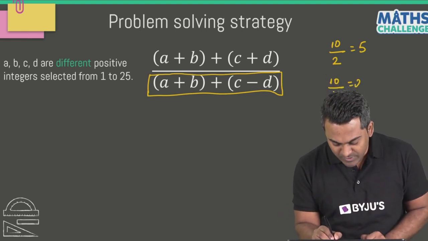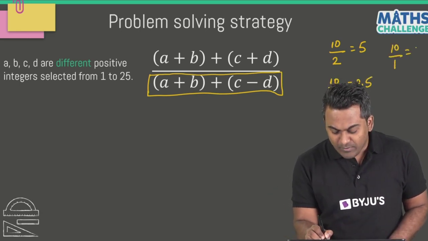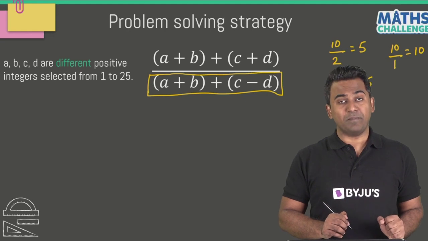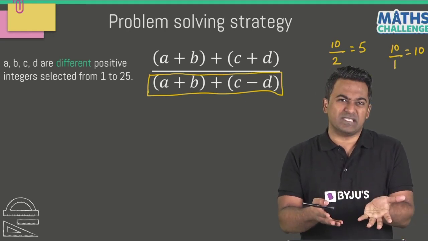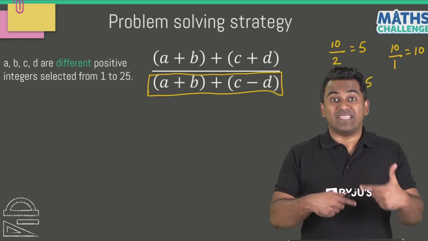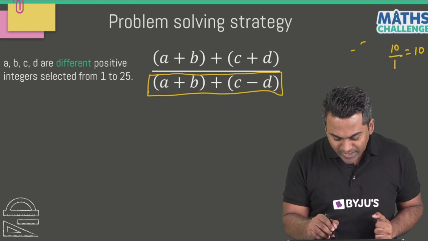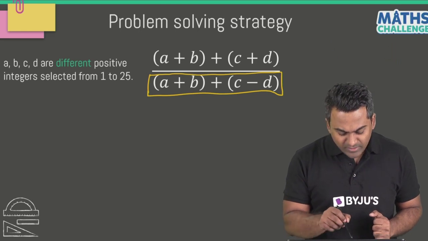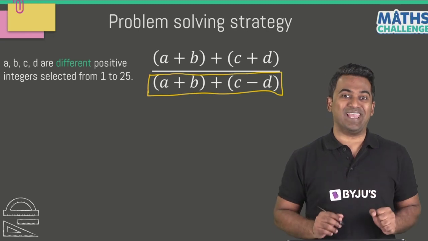This will be 2.5. 10 divided by 1 is going to be how much? It is going to be 10. So the smaller the denominator, assuming the numerator is the same, the bigger the answer is going to be. So that's the idea here. We are going to try and make this denominator a plus b plus c minus d as small as possible.